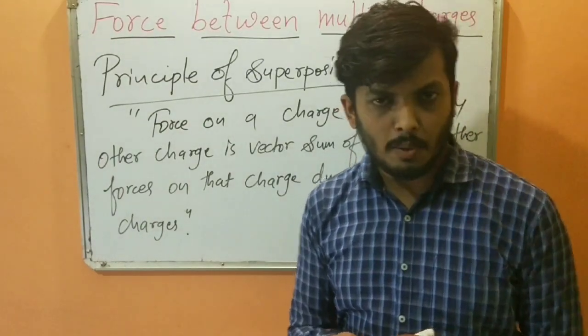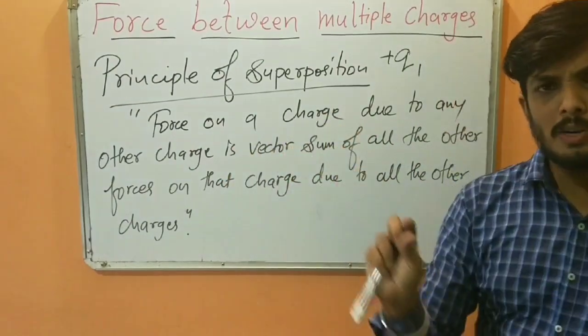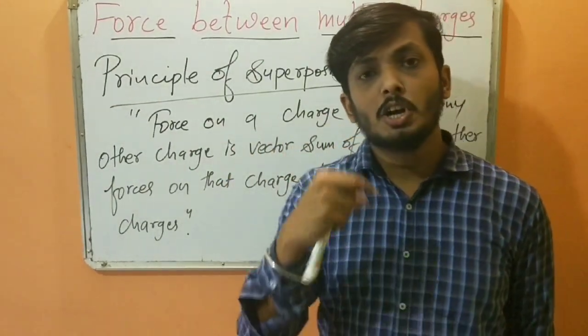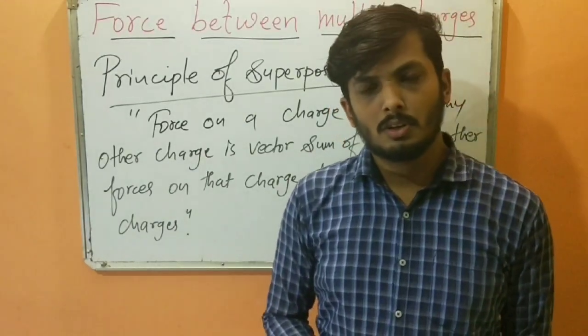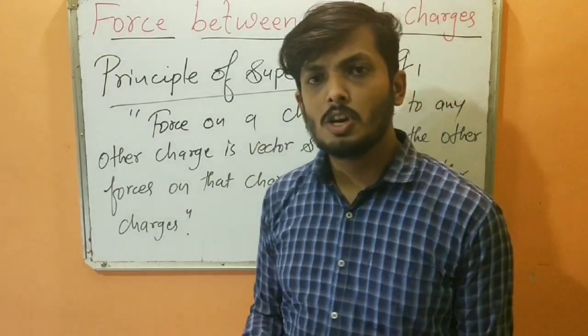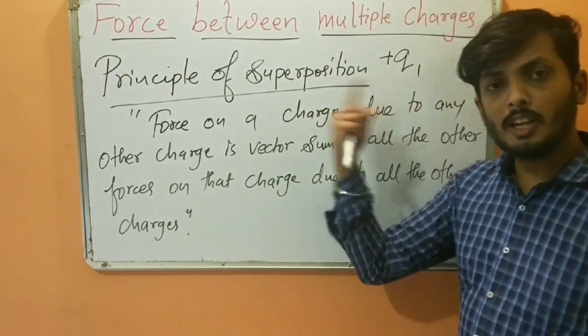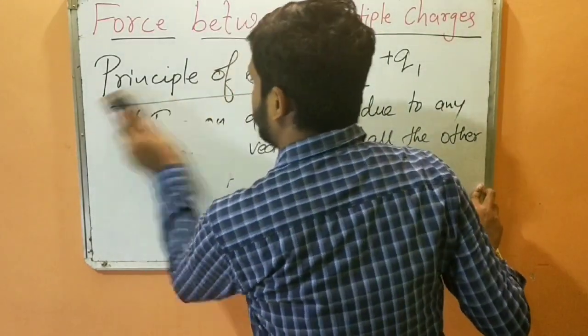Are you understanding what I am trying to tell you? Just remember the statement: force on a charge due to any other charges, maybe n number of charges, will be equal to the sum of all the forces on that charge due to all the other charges. Let us understand the statement.